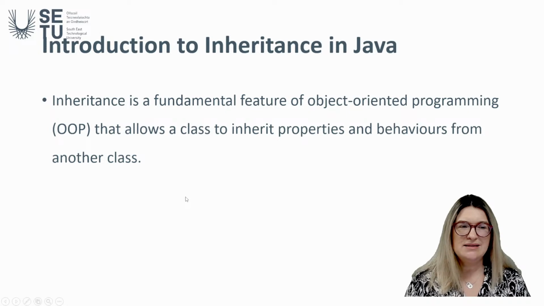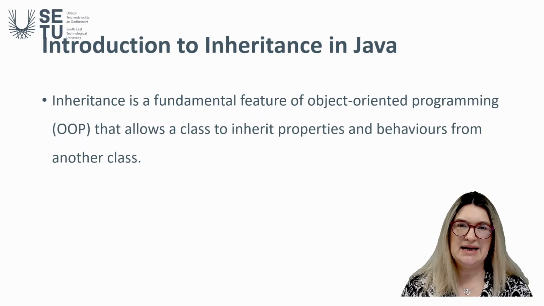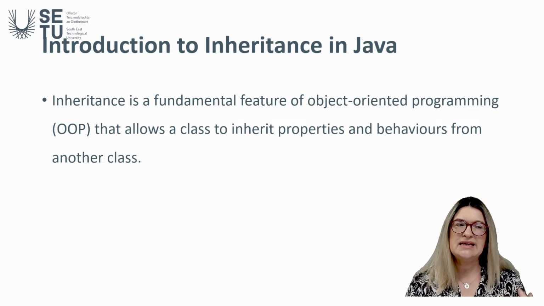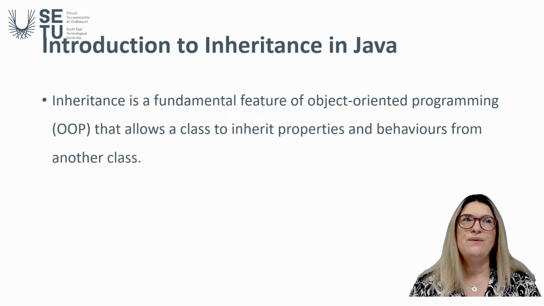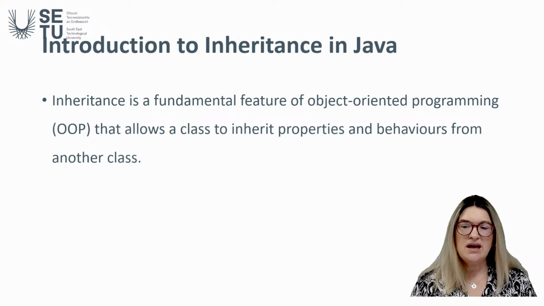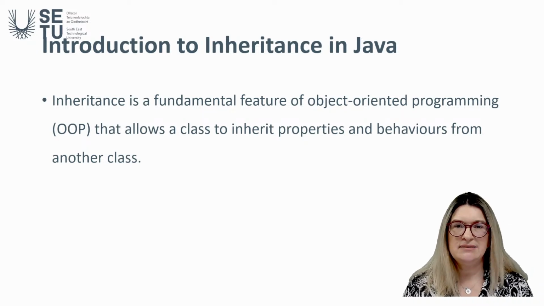Inheritance is a fundamental feature of object-oriented programming that allows a class to inherit properties and behaviours from another class. So that means that we can write code, put it into a class, and that would be the general code.